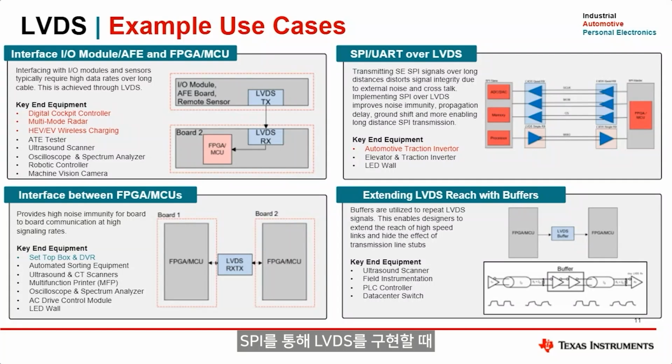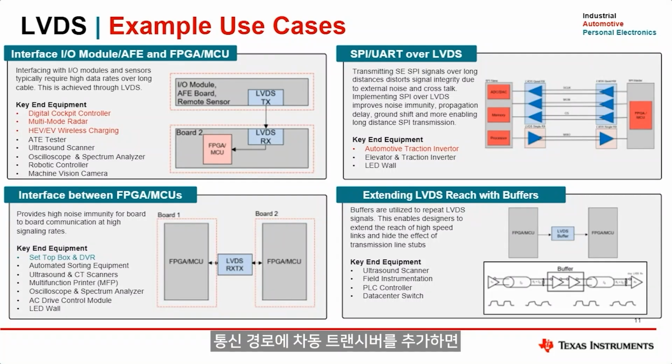One drawback and consideration to keep in mind while implementing LVDS over SPI is that the maximum clock frequency that you can support through SPI depends on the round-trip propagation delay from host to the target device and back to the host.